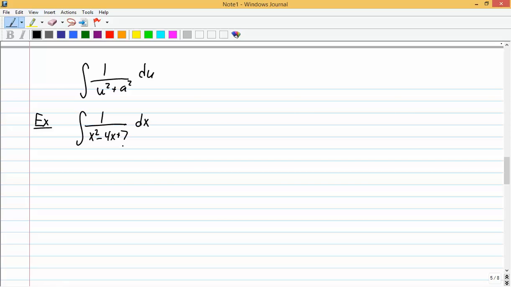If it did that, it's something called partial fractions, which we'll go over in a few chapters. But if we have a quadratic here, and we can complete the square, which all completing the square does really is rewrite a quadratic into a different form, then it will be in the form u squared plus a squared.